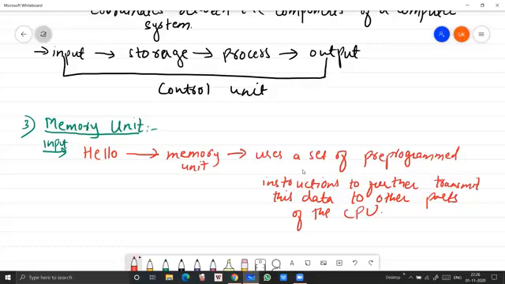So that's why the memory unit is very much necessary, it's very much needed.